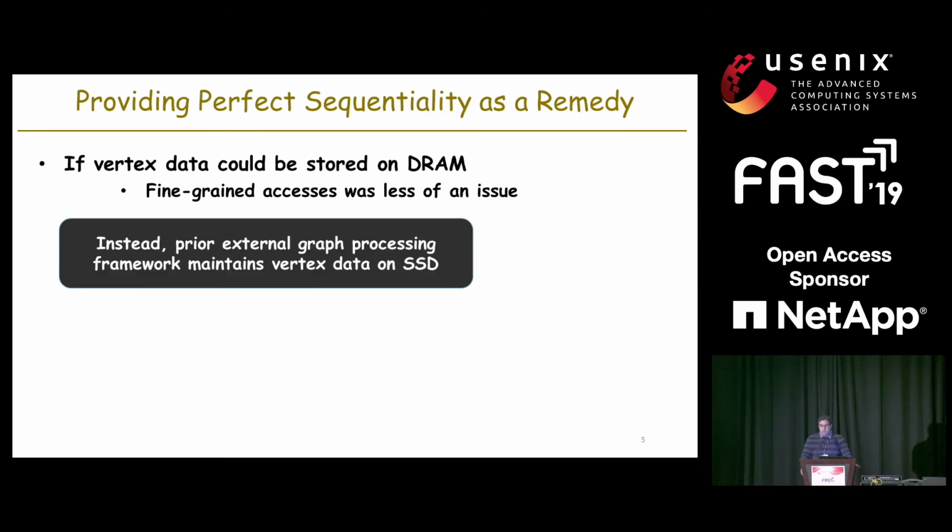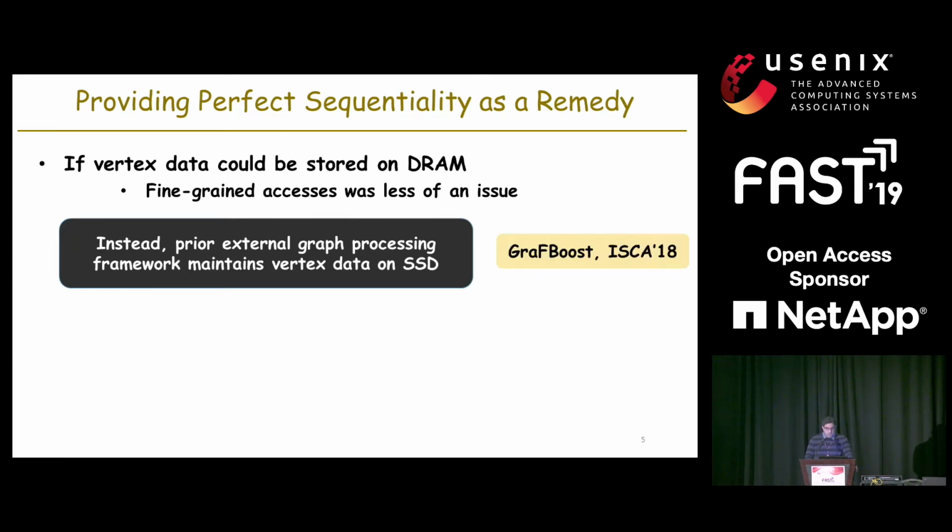But when we move all the data to SSD and want to execute the graph algorithm with limited DRAM, then because of the mismatch between the size of the SSD page and the size of these updates, and their randomness, it is not directly feasible to do that.